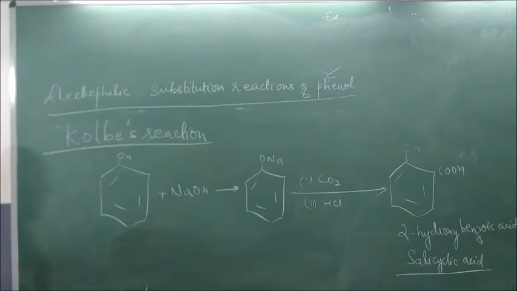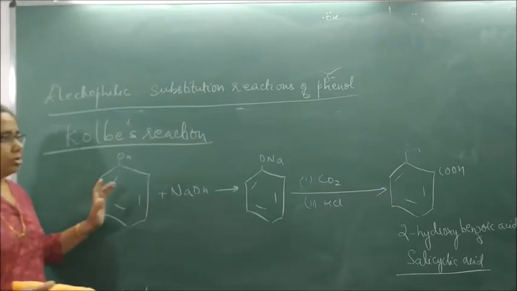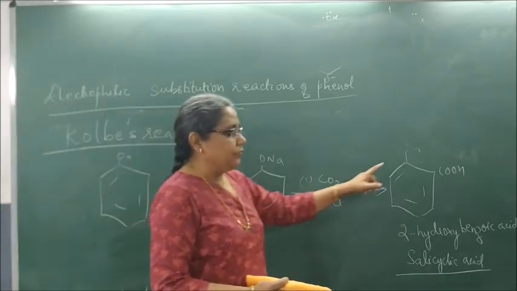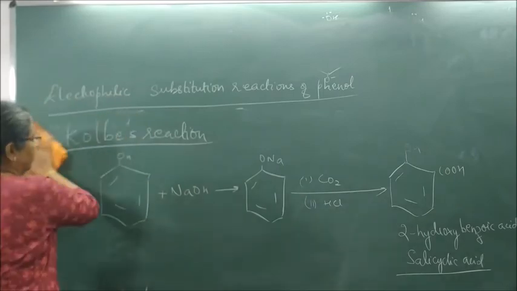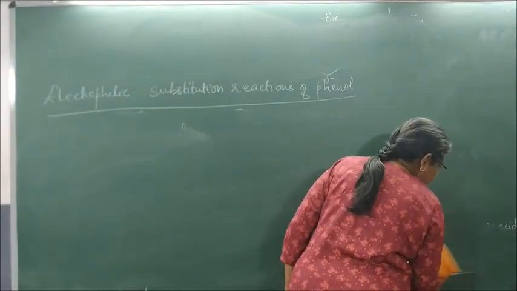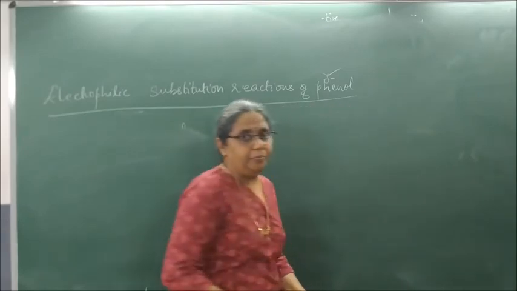Done? Written? So, Kolbe's reaction, carbon dioxide related. Kolbe means carbon dioxide. Sodium phenate reacts with carbon dioxide and on further acidification forms what? Salicylic acid. Now next, write. These name reactions are very important.